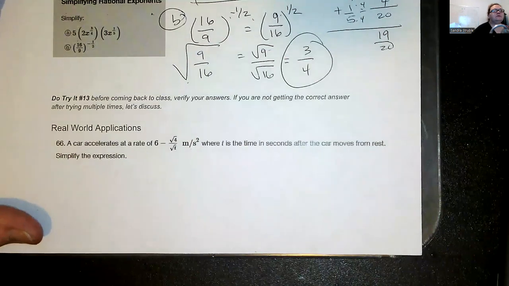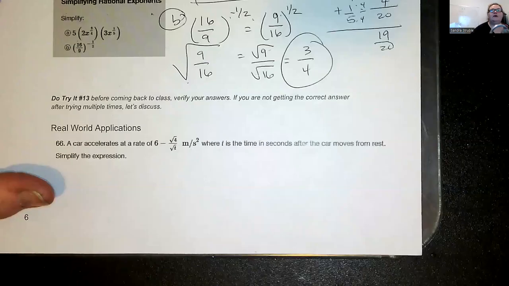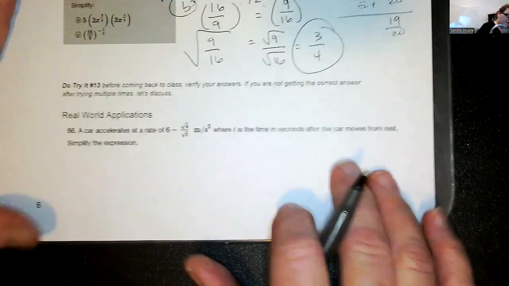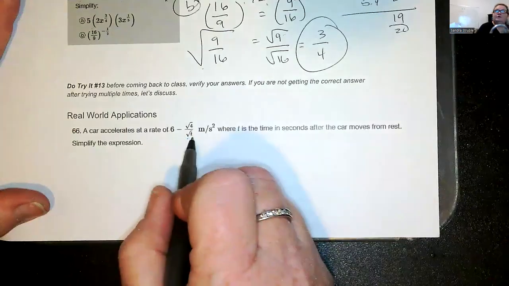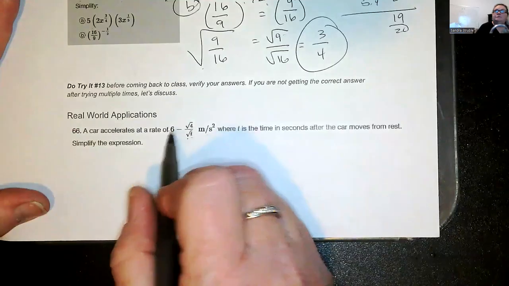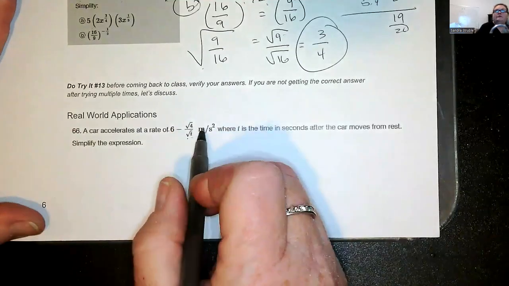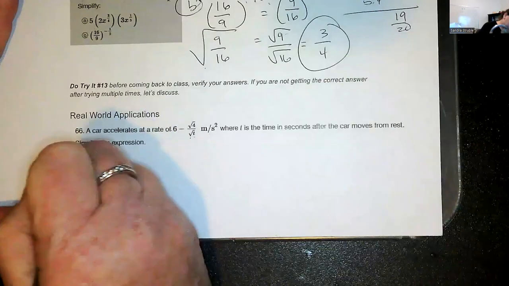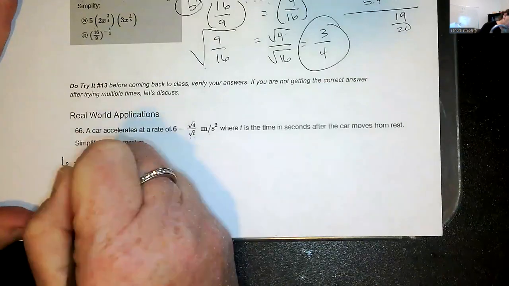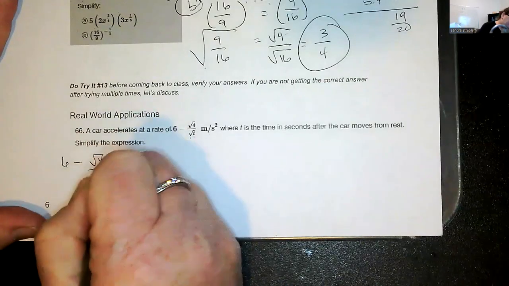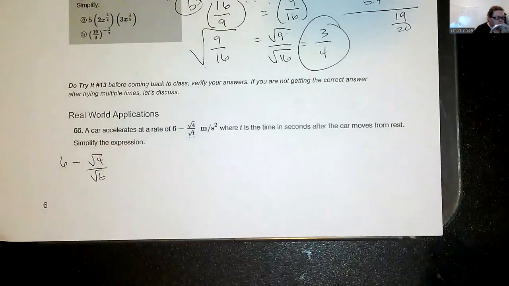Okay, this is going to be a fun one. So the first thing I'm going to do is make sure that I can add these two terms or combine them in whatever fashion I can. So I've got 6 minus the square root of 4 over the square root of t. I could just rationalize.